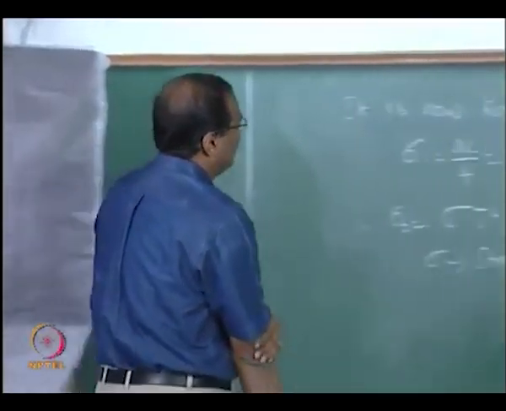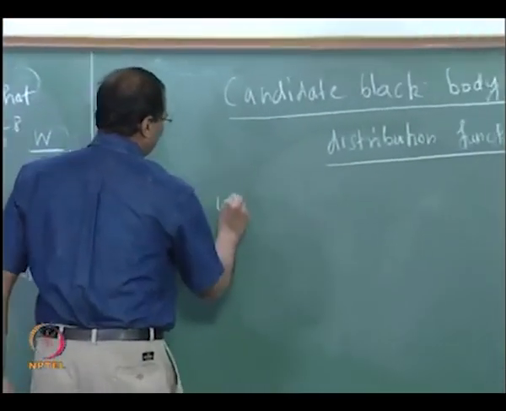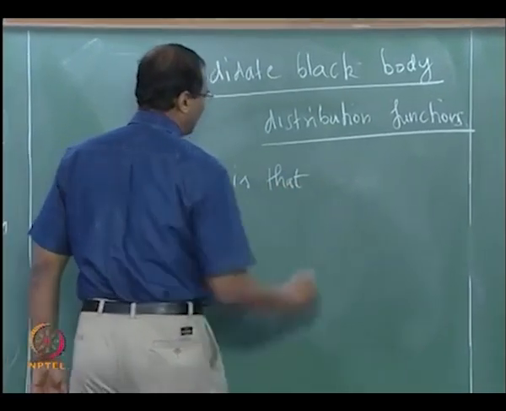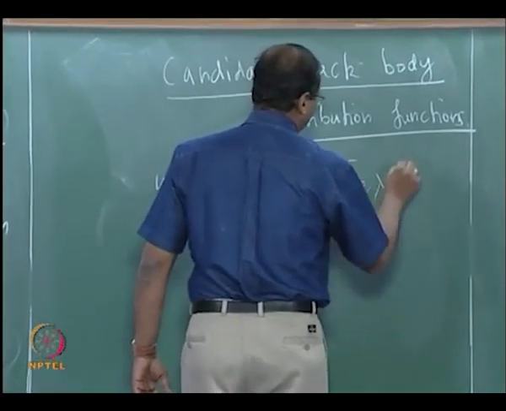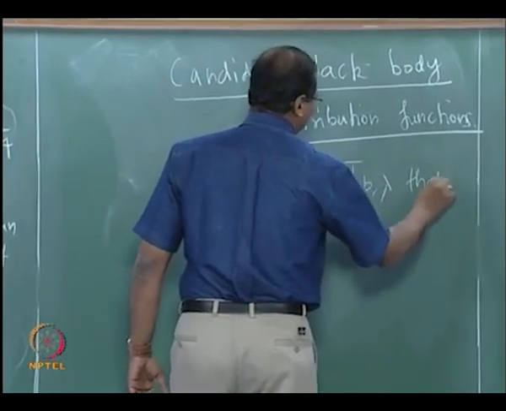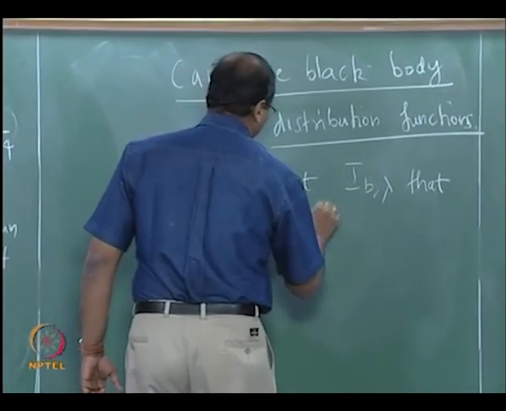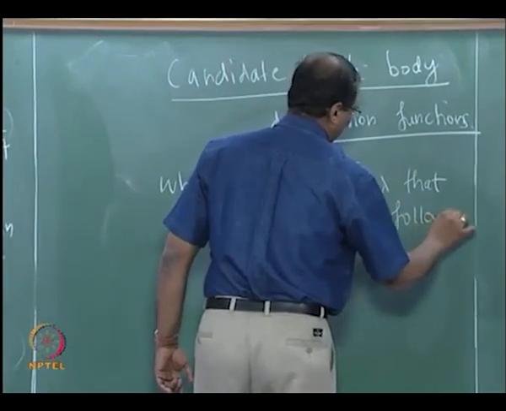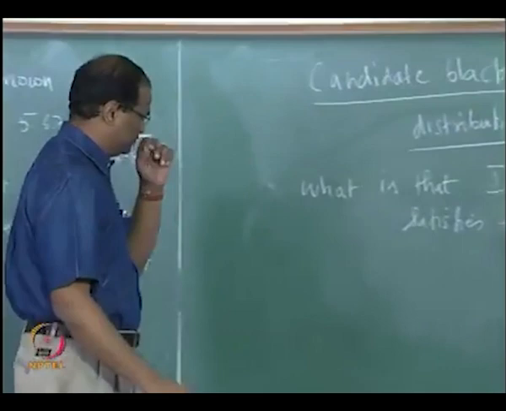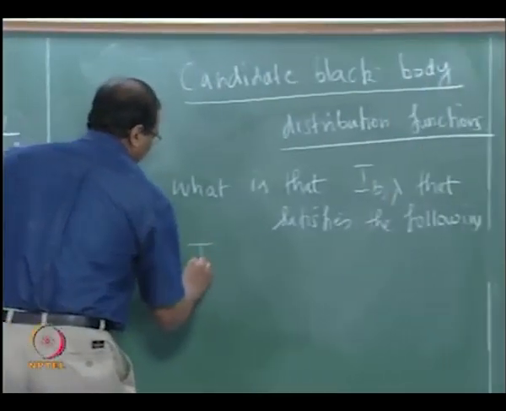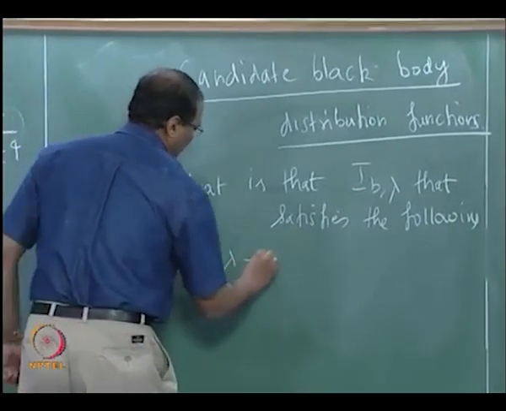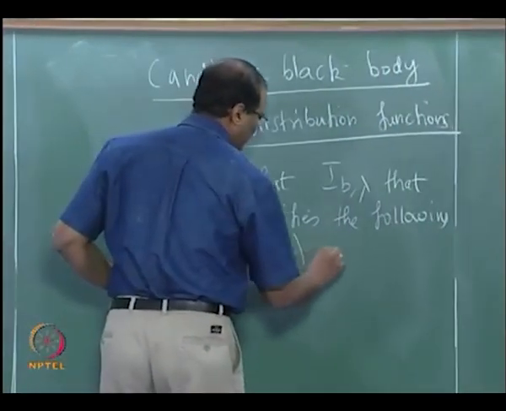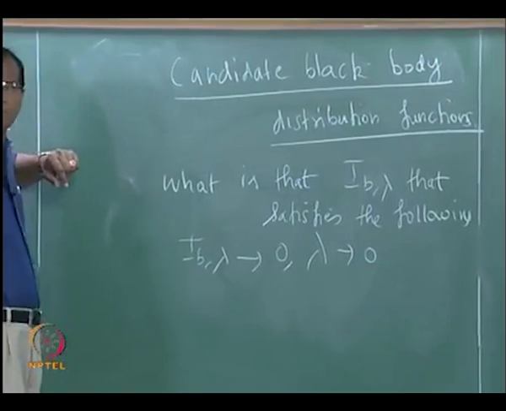Fine. So, candidate blackbody distribution function, what is that, I_B lambda? That satisfies the following. I_B lambda tends to 0 as lambda tends to 0, otherwise it will become a singularity.